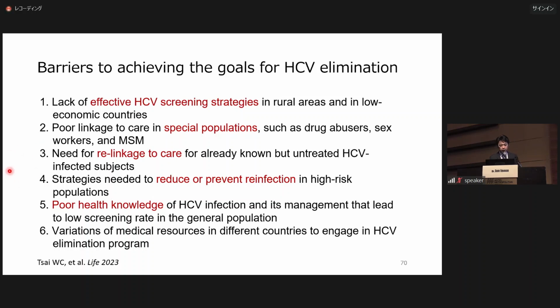Need for linkage to care for already known but untreated HIV-infected subjects, and the strategies needed to reduce or prevent reinfection in high-risk populations, and poor health knowledge of HIV infection and its management that lead to low screening rate in the general population, and variations of medical resources in different countries to engage in HIV elimination programs.